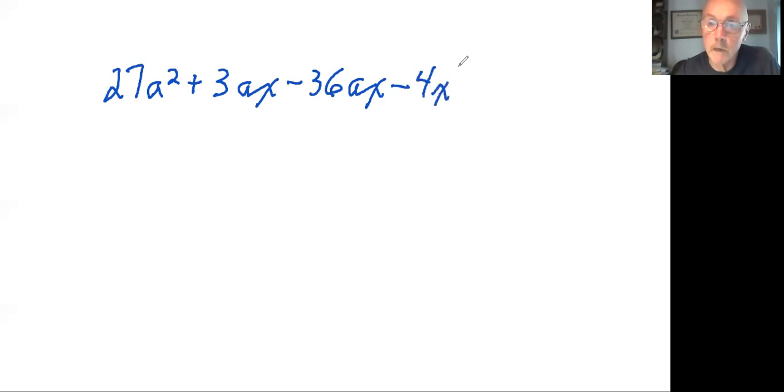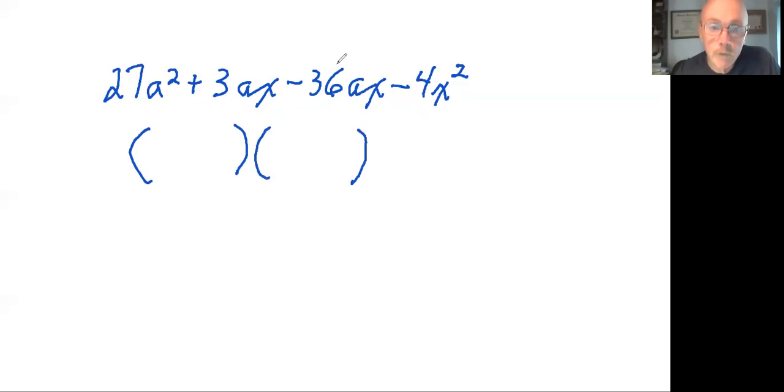Okay, now again, make sure you check for a greatest common factor. There's no number I can divide into all of these constants up here, and they don't all share a variable that I can factor out. So what we're going to have to do is put down our parentheses again.